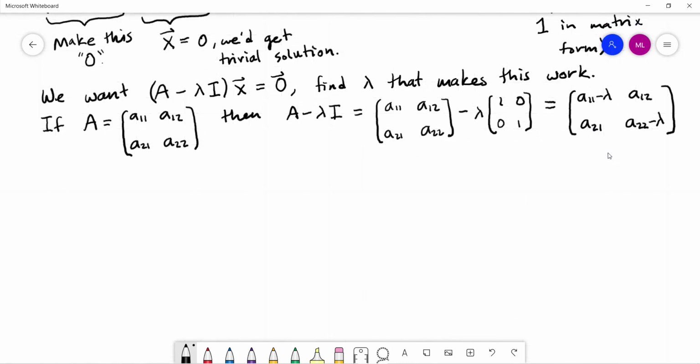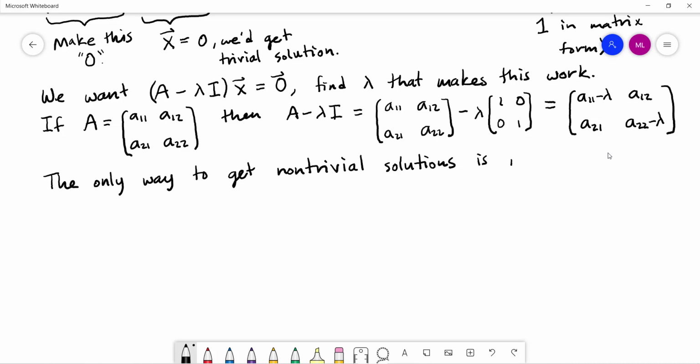So basically what it's saying is the only way to get non-trivial solutions is if A minus lambda I is what we call singular.